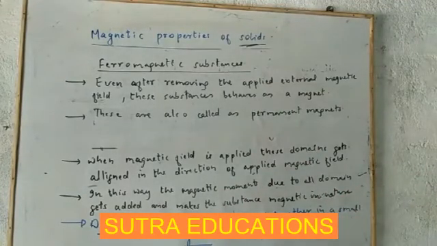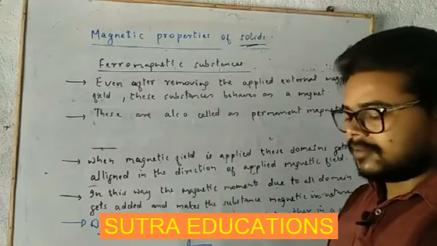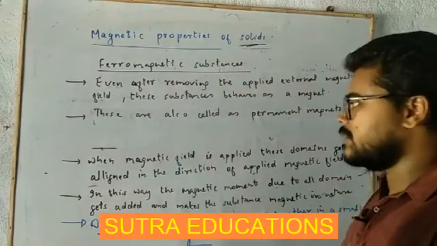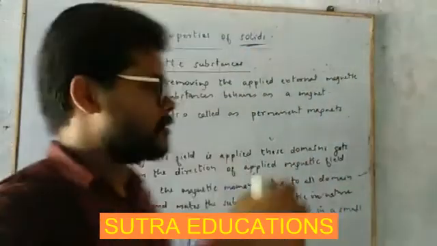Okay, now come to antiferromagnetic substances. In this case what happens, one more thing, I am just making a diagram.